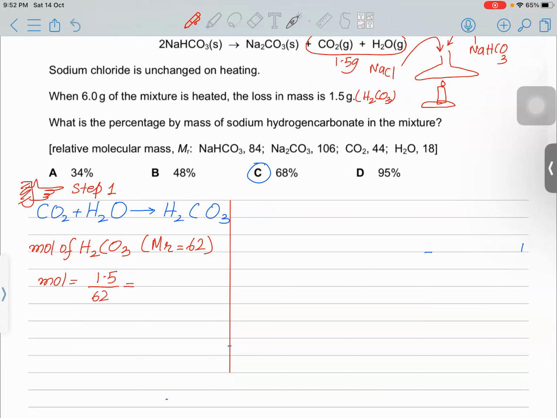Tell me the answer again. 1.5 divided by 62 is 0.0242 mole of H2CO3.